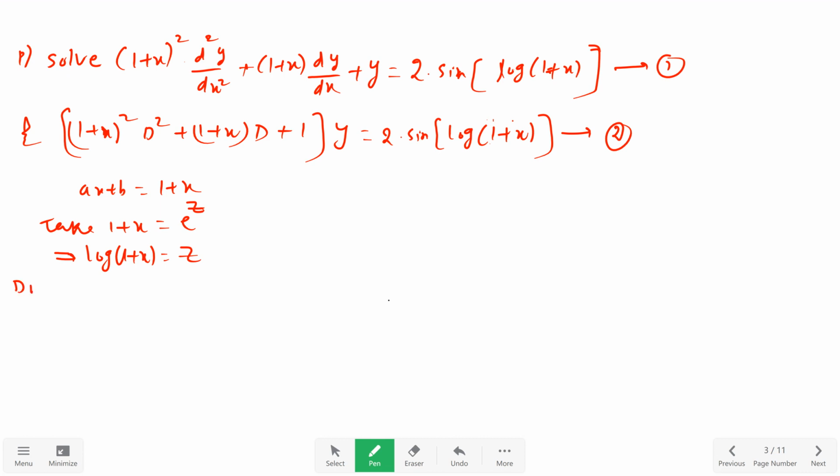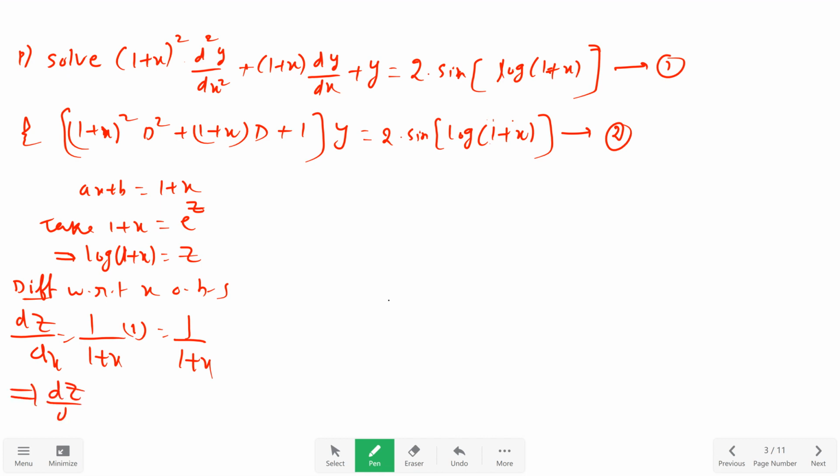Next, differentiating with respect to x on both sides, dz by dx is equal to 1 by (1 plus x) into the derivative of (1 plus x), which is 1. So dz by dx is equal to 1 by (1 plus x).